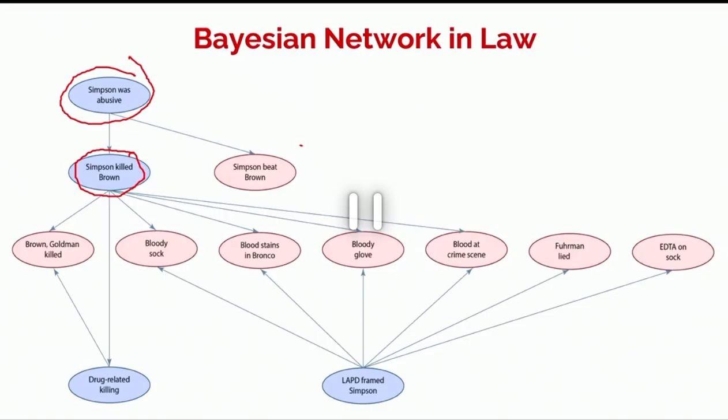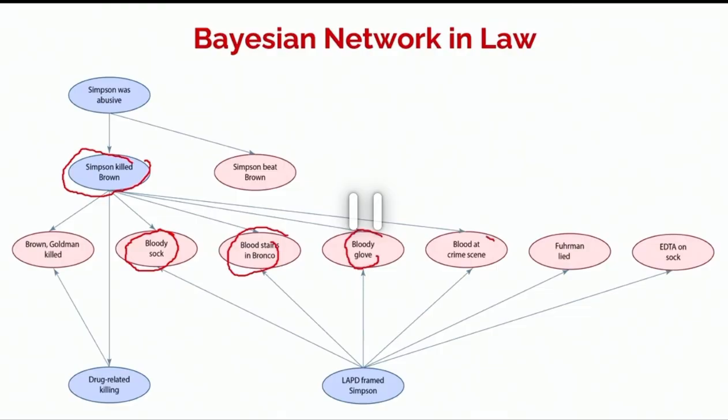Simpson was abusive, or Simpson usually beat Brown. And when Simpson killed Brown, this will be the evidence that we're going to find, the bloody glove, all of that. So those are the evidence.